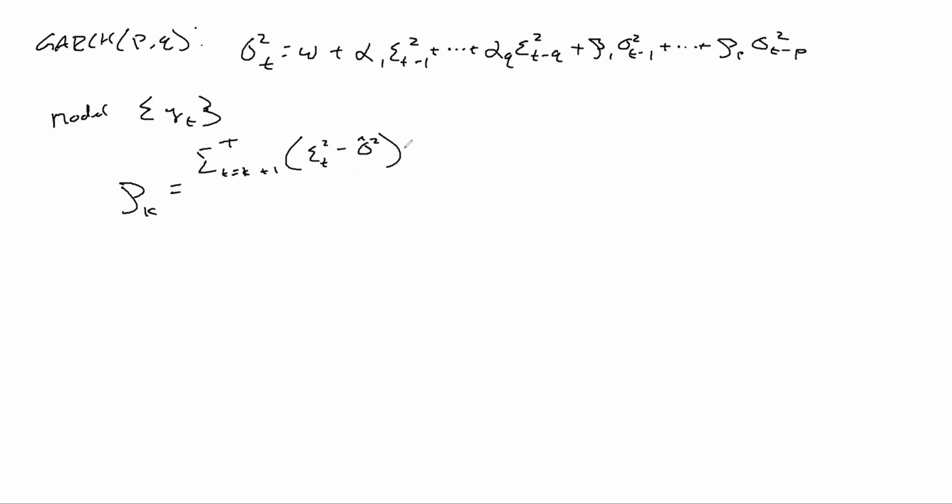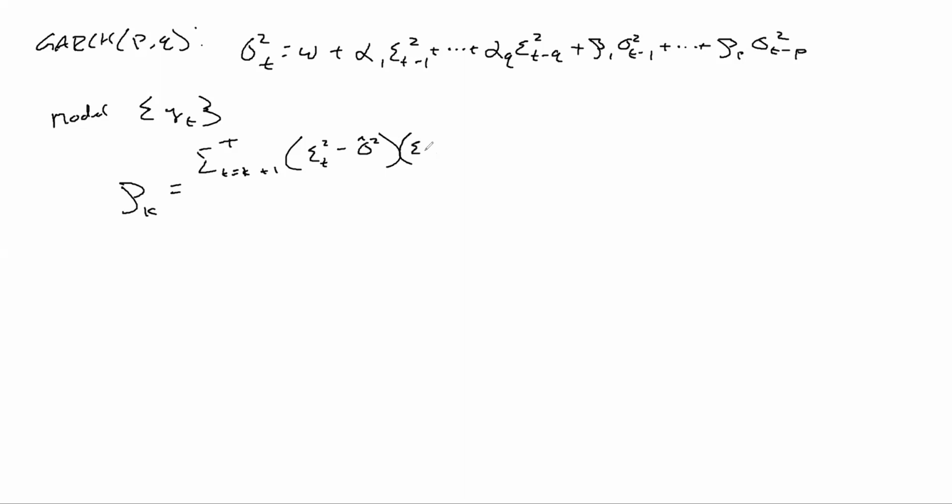This is just like the autocorrelation for the ARMA model, except it's focused on the second moment instead of the first. Whereas for the ARMA you were dealing with your estimate for Y, now we're dealing with our estimate for variance.